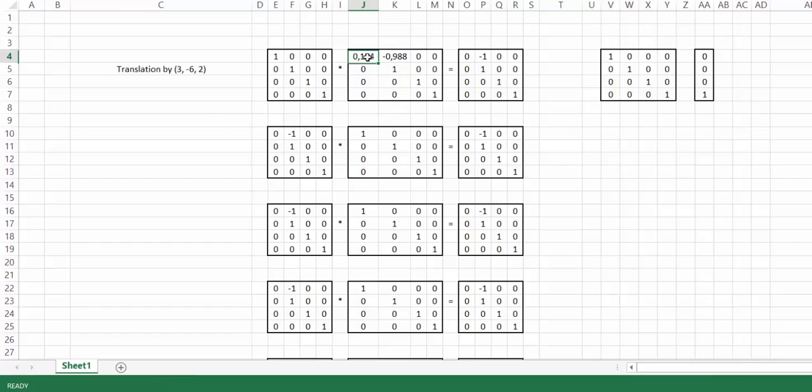I'm still feeling that we should change this to radians. 3.1415 by 180. Yes, that looks more like it. Times 3.15 180.